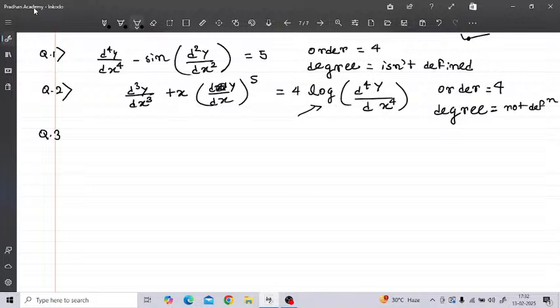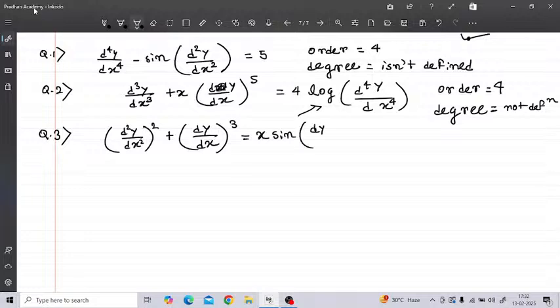Moving to the next question, question number 3. Here the same question arises, what is order?